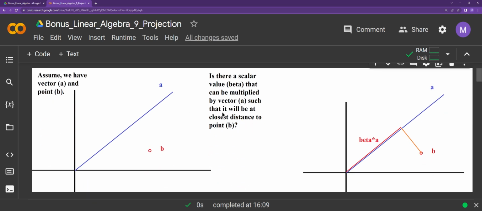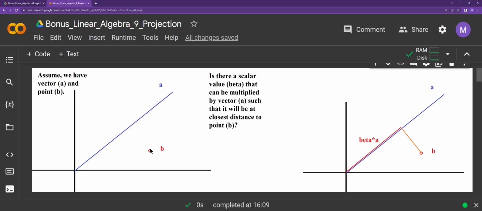Now, what is this vector projection? So assume that we have this vector A and just assume this point B. Now, imagine that you want to draw a vertical line from B onto vector A, okay? So the closest distance that you can do this is by drawing a line from B to A that happens to be a vertical line.